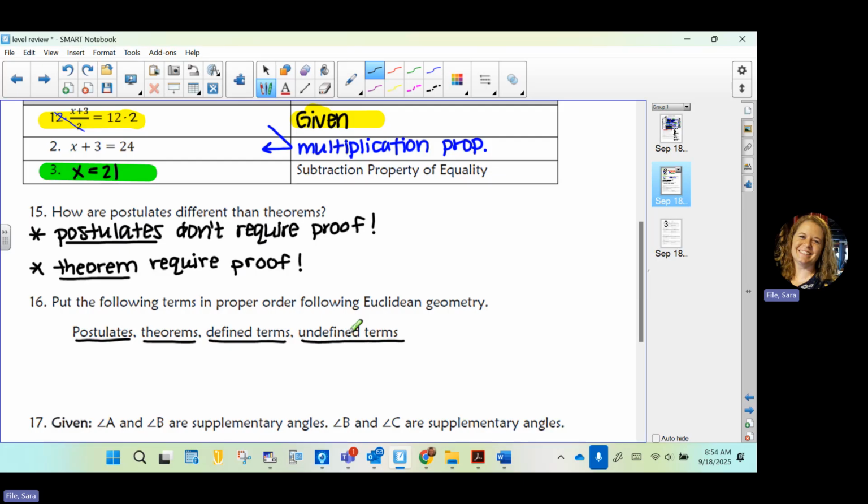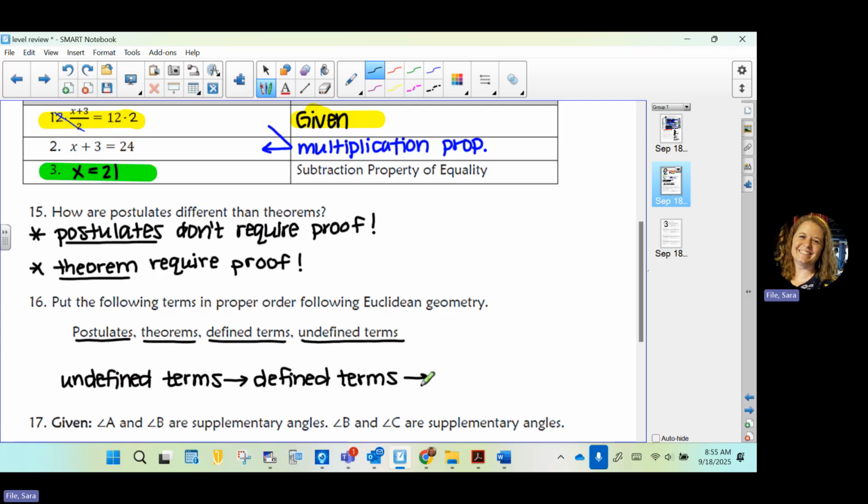A point is just a location. Lines and planes can't be measured. They have no size. They go on forever. There's no formal definition. So that's the basis of it, those 3 undefined terms. That's first. Then what? Then we get defined terms. We have formal definitions. Then what? I heard 2 different ones. What do y'all think?